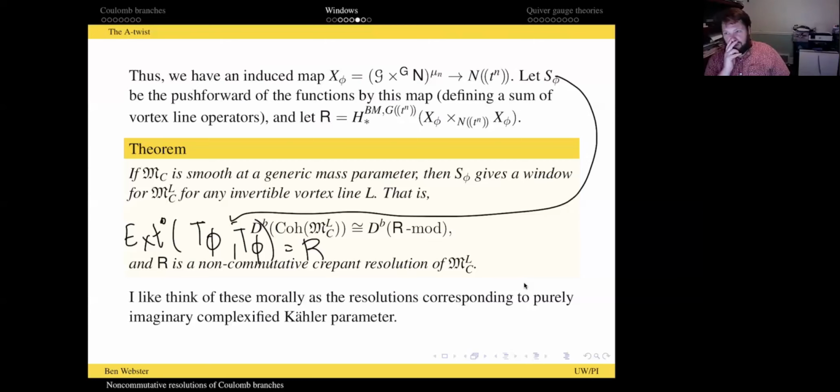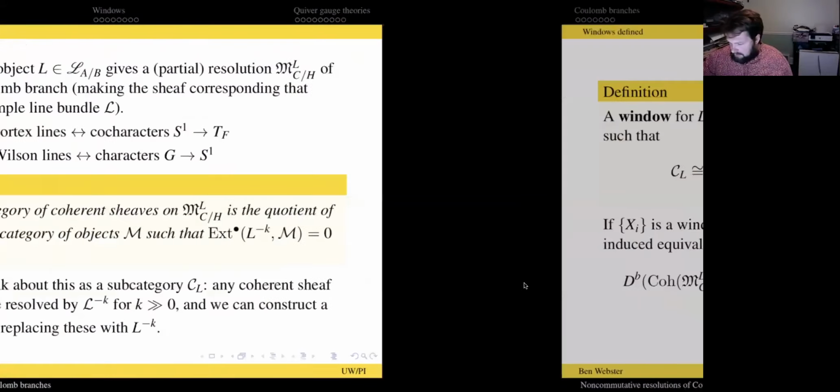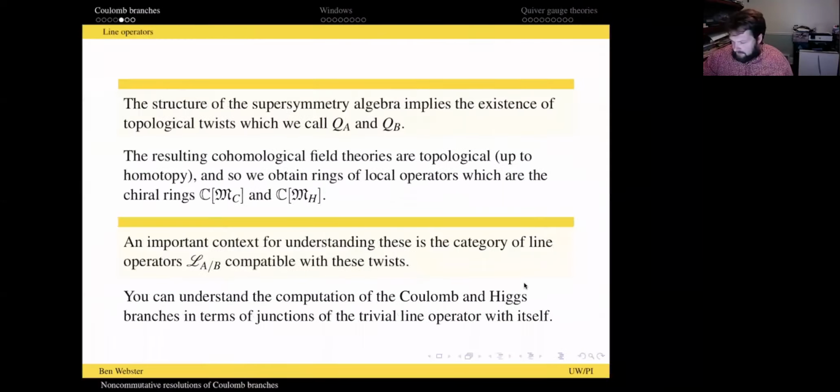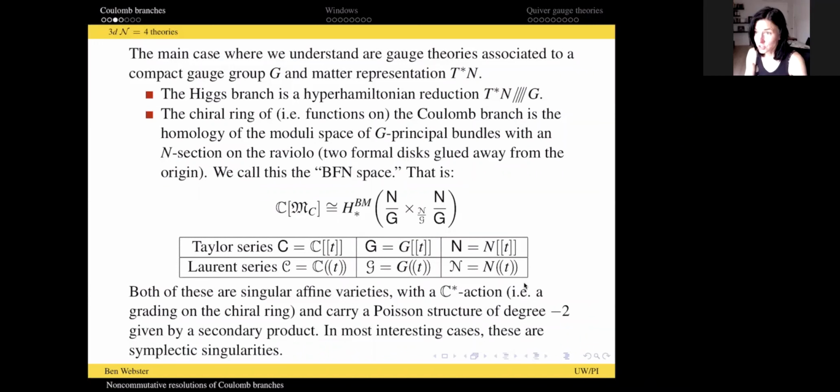So I think the answer to your question is that the quantized Coulomb branch algebra, in characteristic P, is the homology of this guy with coefficients in characteristic P. I have to go back a really long way. And if you want to think about the actual quantum guy, you have a C star that's acting, and you want the equivariant parameter for that C star to be invertible.